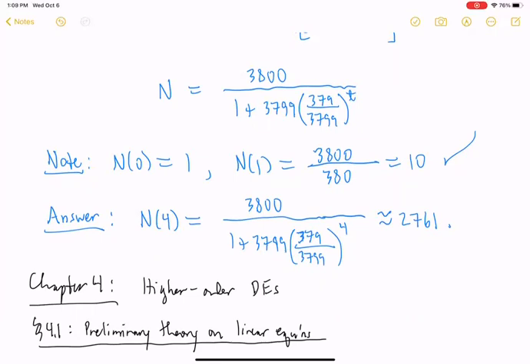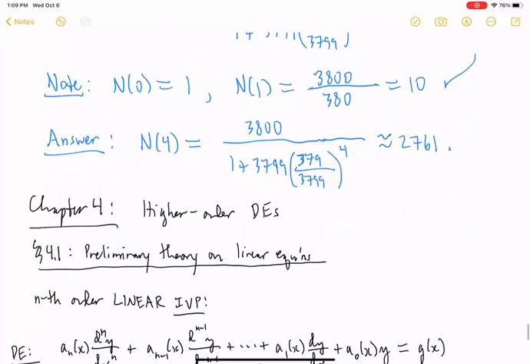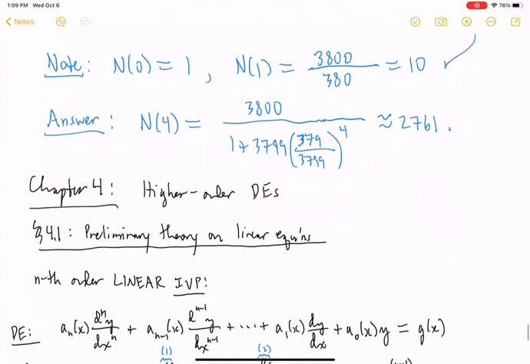So a generic nth order linear equation looks something like this. We kind of wrote this down before, if you will recall. a_n of x times the nth derivative of y with respect to x, plus a_(n-1) of x, and so on. Notice that these indexes on these little functions match the order of the derivative, yeah?